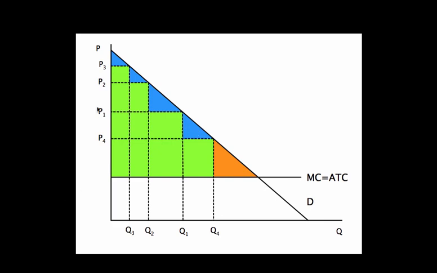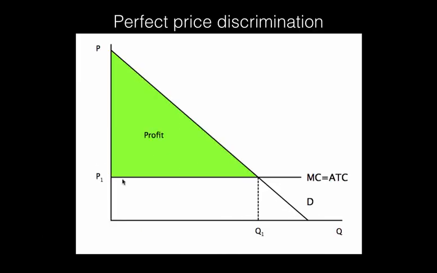But you can imagine if I kept carving this up, the theoretical extreme would be to sell every unit at exactly what people are willing to pay for it, which means there's no more consumer surplus. I've extracted all the consumer surplus, and I'm also efficient because I figured out a way to keep going.